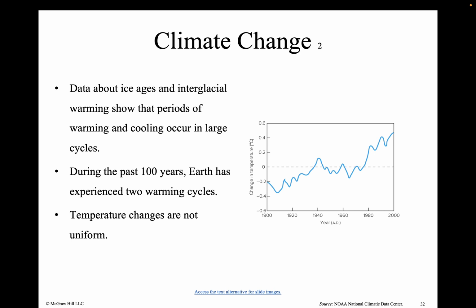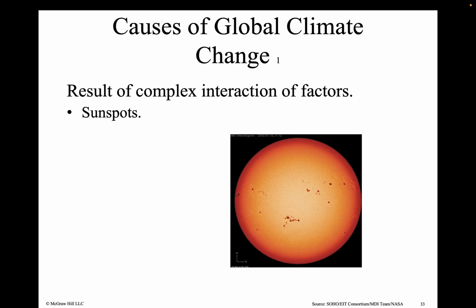Okay, causes of global climate change. They can be astronomical factors, so factors that are beyond our control and come from outer space, and some of them occur at the level of Earth's atmosphere. So one of the astronomical factors can be the presence of sunspots on the sun.